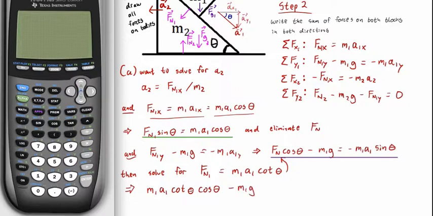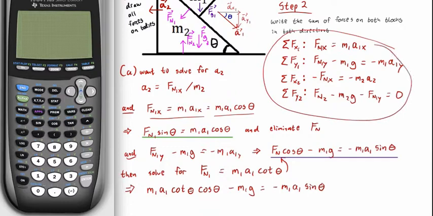Because again, this is the purple equation, which was got from the sum of forces in y on block 1. And then that's going to equal negative m1 a1 sine theta. So you can see a big part of what I'm doing here is taking all the components, which I wrote entirely in terms of their subscripts, and making sure to include all the angles in the appropriate places, so that we can algebraically work with the trigonometric functions.